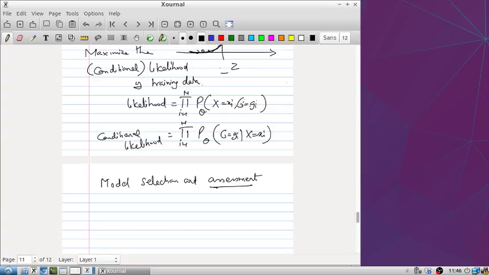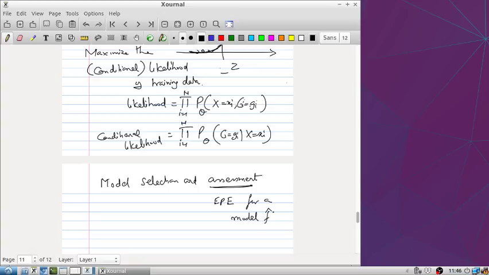Assessment just means: what is the EPE, or something equivalent to EPE, for a model f hat? Let's say you used your data and found a model f hat. What is the performance of that model, right?